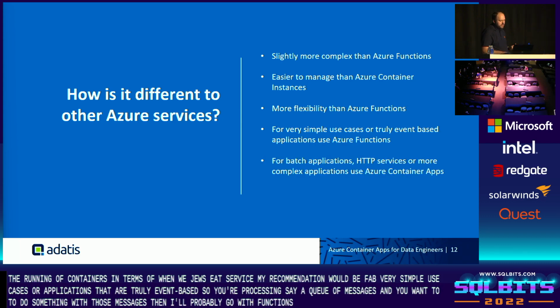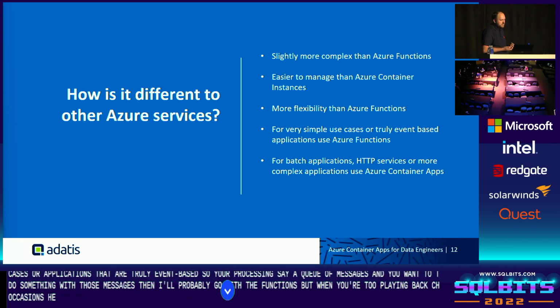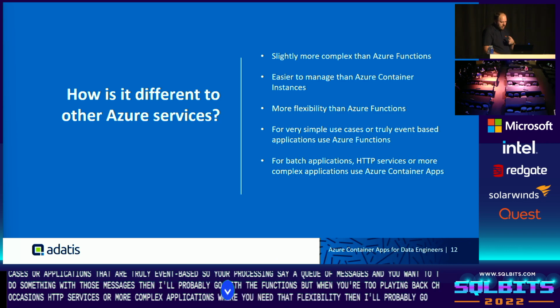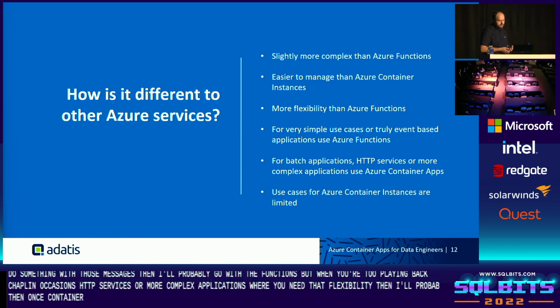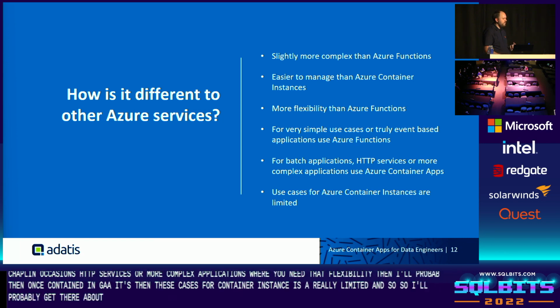But when you're deploying batch applications, HTTP services, or more complex applications where you need that flexibility, then I'd probably go with container apps. Once container apps is in GA, the use cases for container instances are really limited. So I'd probably steer clear of that service for any new development because I think container apps is really the way forward.